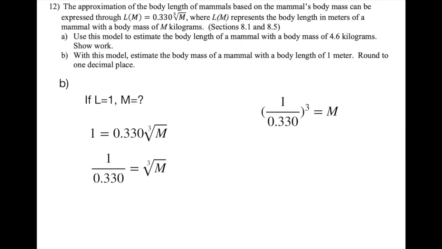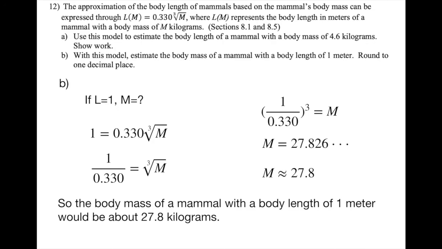So M will be 1 over 0.330 altogether raised to the power of 3. So M should be 27.826 and so on. So if you round to one decimal place, that would be 27.8. So your conclusion would be the body mass of a mammal with a body length of 1 meter would be about 27.8 kilograms. That's part B.